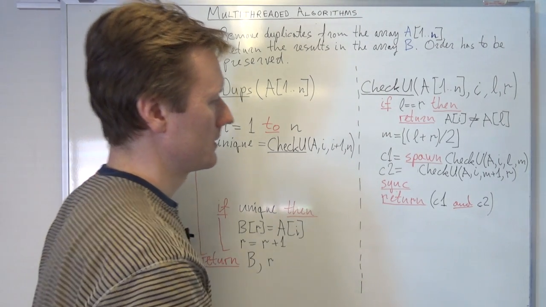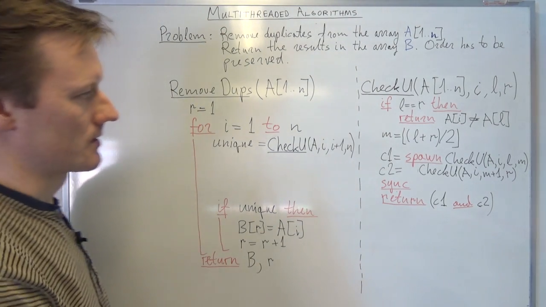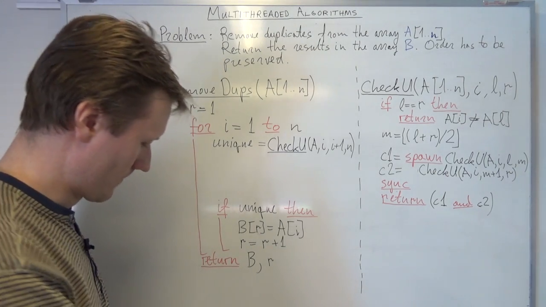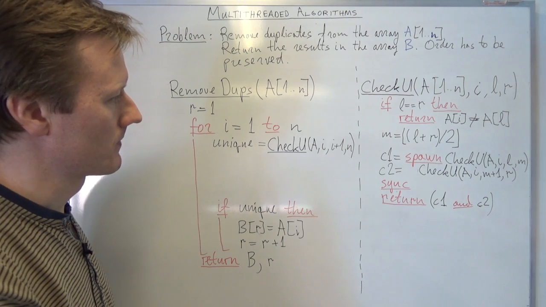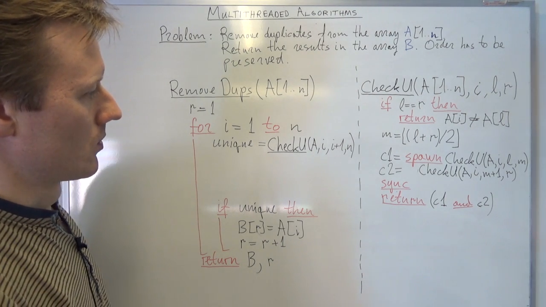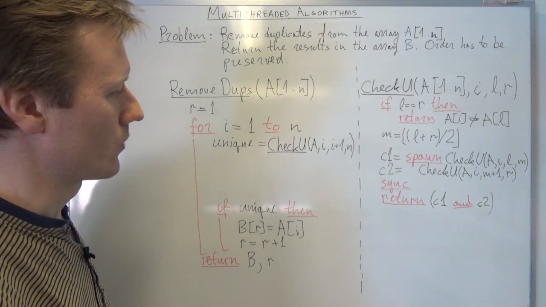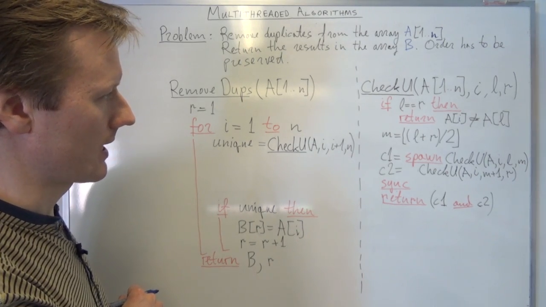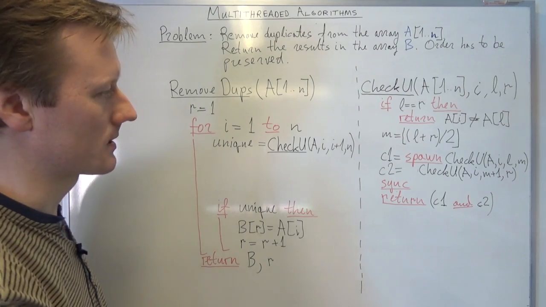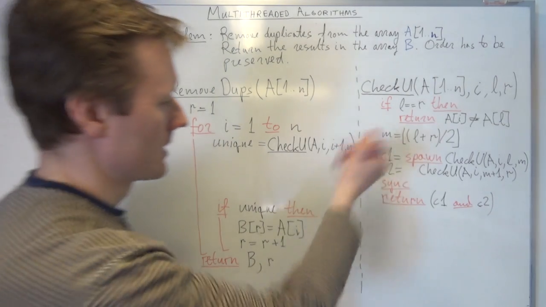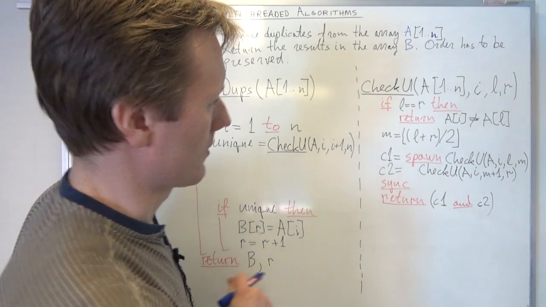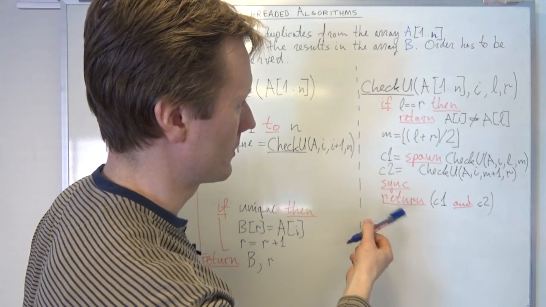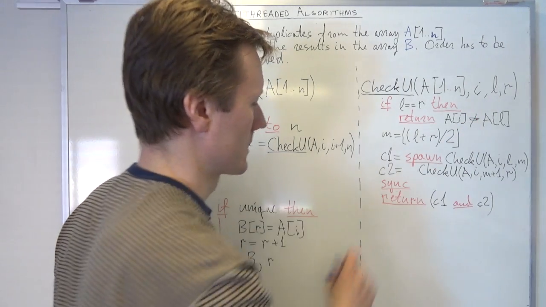So that's the algorithm. It's obvious that it does the same thing as the previous algorithm, but now it has some parallelism. First of all, we want to look at the work. We can see that we have not changed the worst case running time of this whole algorithm. If we look at it as a sequential algorithm, the work of this recursive algorithm is quite clearly linear in terms of the size of the problem.